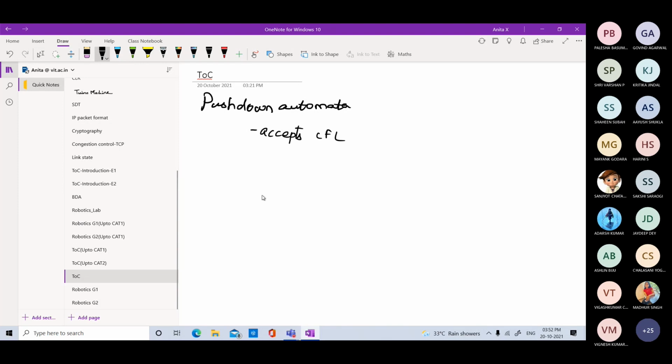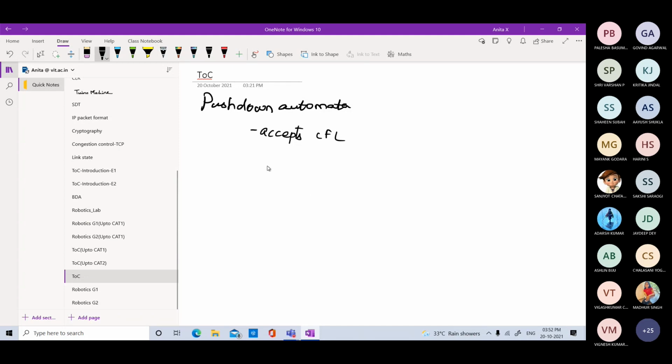Here we'll be using a stack to keep track of the information. So using the stack, we can store infinite amount of information.